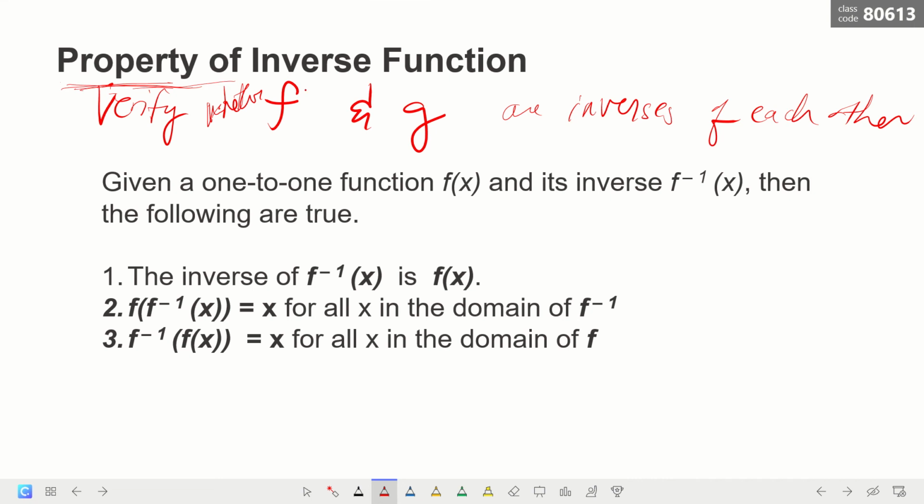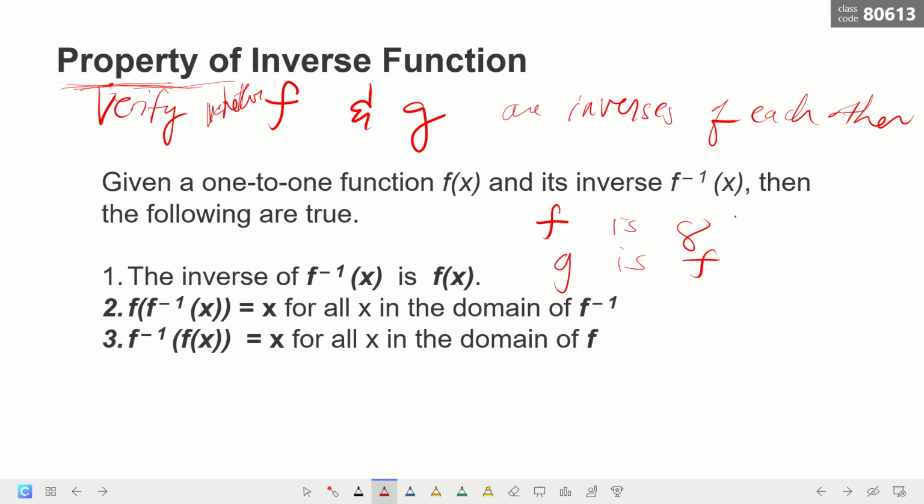So, ano lang naman yan? Ang ibig sabihin lang naman ito. For example, if f and g are inverses, for number 1, if the inverse of f is g, then the inverse of g must be also f. So, kung ang inverse ni f is si g, dapat ang inverse ni g is f.